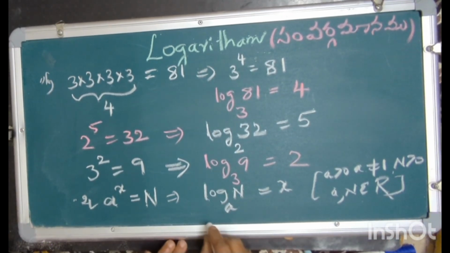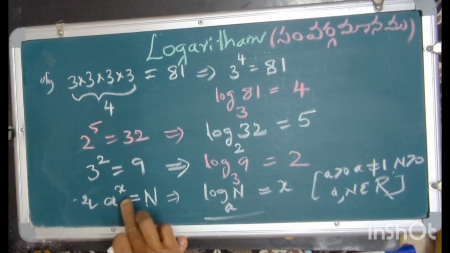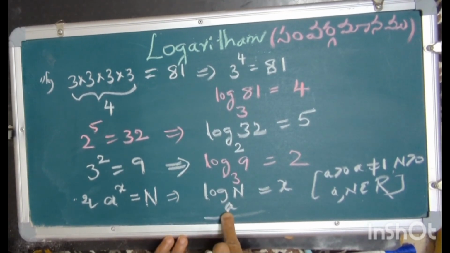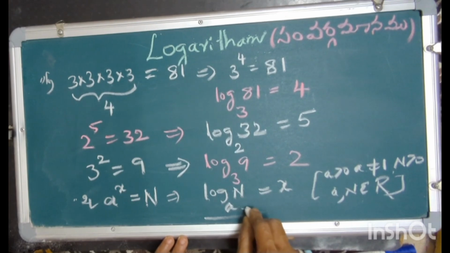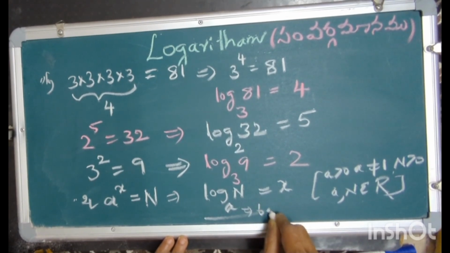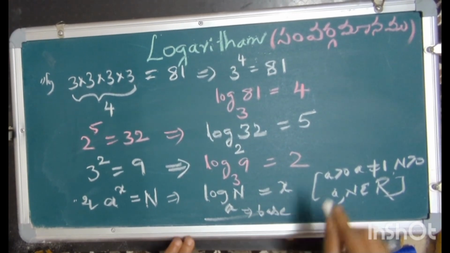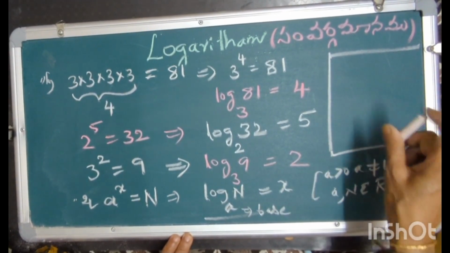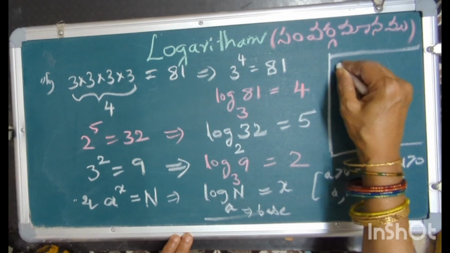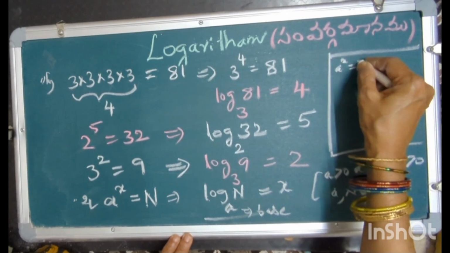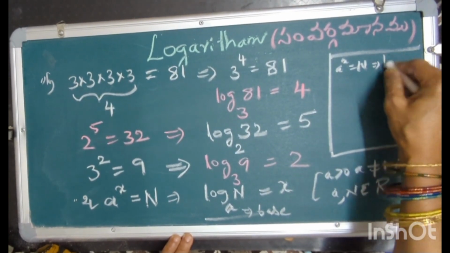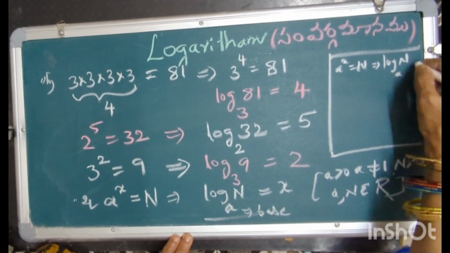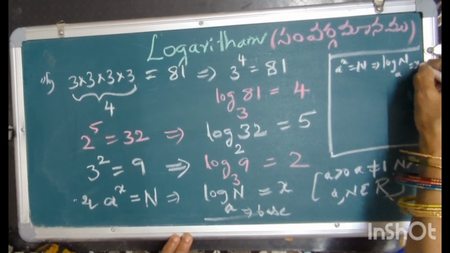So in general formula ఏంటి? a to the power of x is equal to N అయితే logarithm of N base a is equal to x. దీన్ని ఏమంటాము? బేస్. So here a to the power of x is equal to capital N, then logarithm of N base a is equal to x.